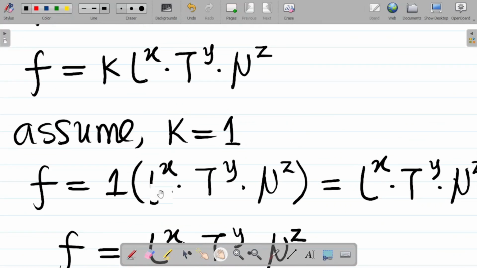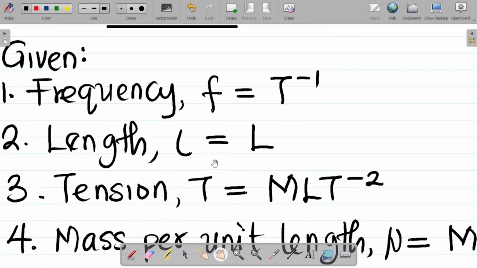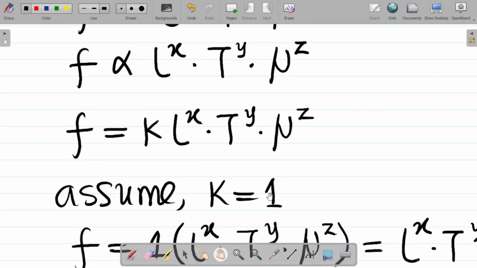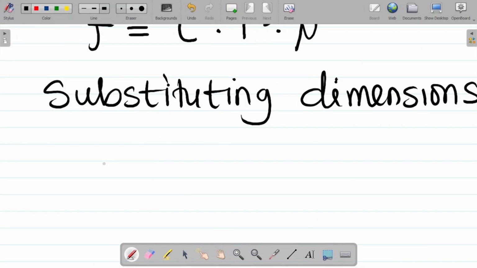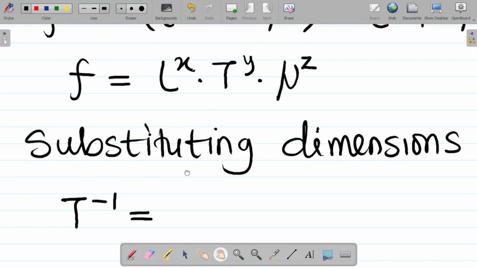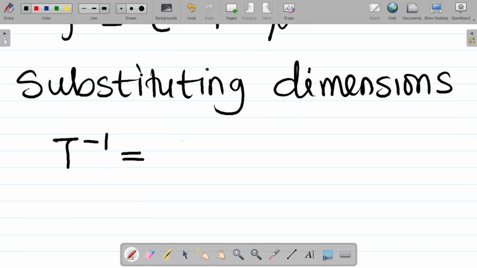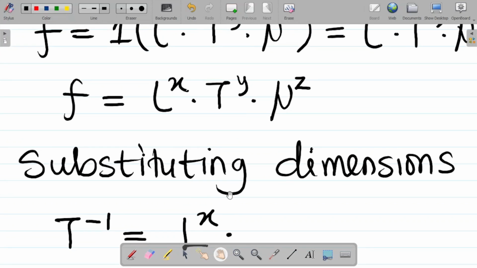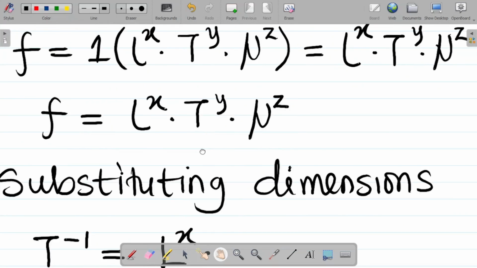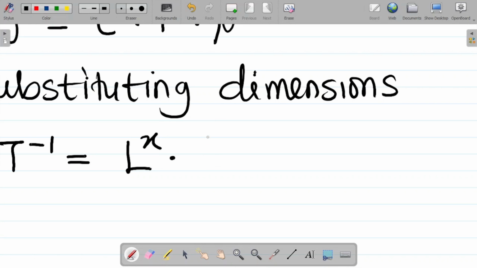For f, frequency, if you go back to the dimension, we said f is equal to t to power minus 1. So f here becomes t to power minus 1. F is equal to, next up we have L. L, we got the dimension as a capital L. So this raised to power x dot. Next up we have t. All right, for t, tension, we got the dimension as, I'll put this in brackets since there are plenty, mlt to power minus 2.